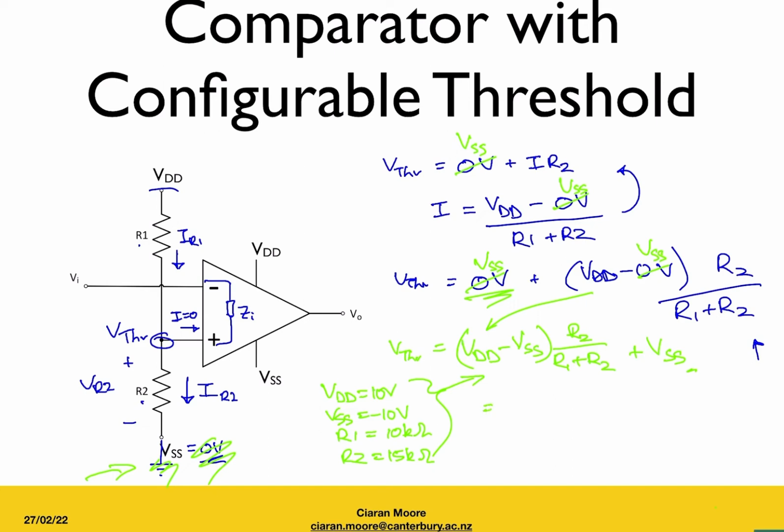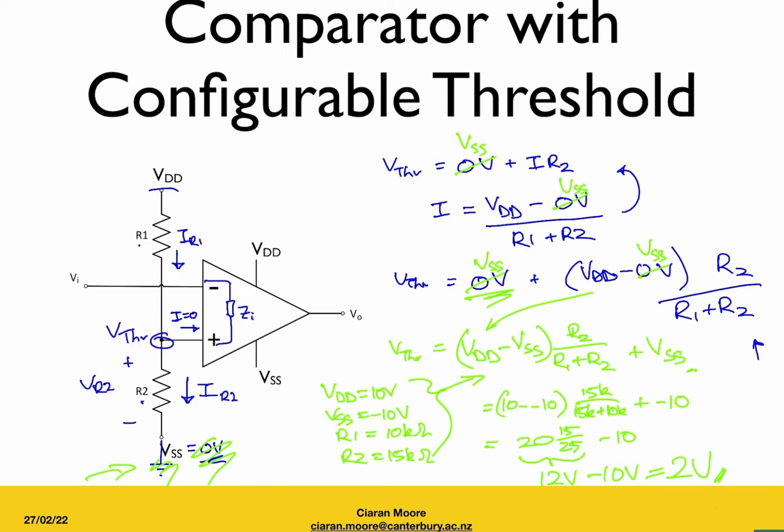What we end up with is 10 minus minus 10 volts multiplied by 15 kilo ohms over 15k plus 10k, plus negative 10 volts. That is 20 times 15 over 25 minus 10. 20 multiplied by 15 divided by 25 is 12 volts minus 10 volts. This gives us a value of 2 volts for our threshold voltage.